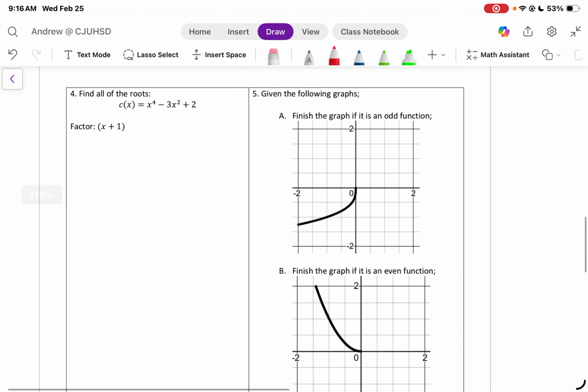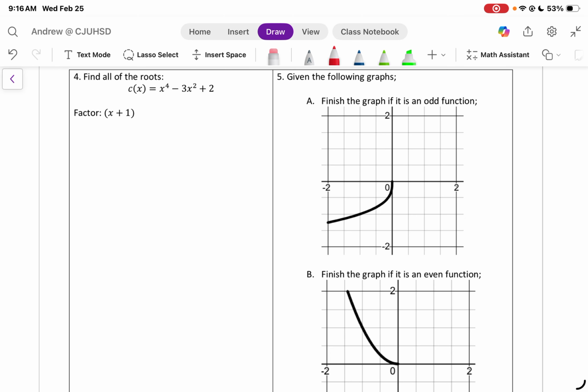Number 4, given a factor x plus 1, we're going to find all the roots. So we got to use negative 1 with 1. Remember, a placeholder for x to the third. Negative 3x squared, a placeholder for x. And 2. Drop the 1.